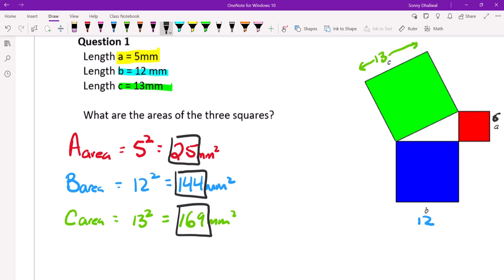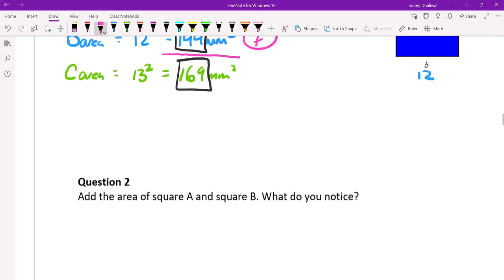James? B and C, there is a 25 increase. Yeah, that's right. So C is 25 more than B. Another way of saying that is if we just added A and B together, you get C, right? If you added those numbers together. So I'm going to write that down.